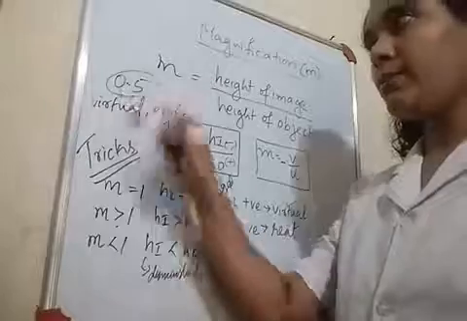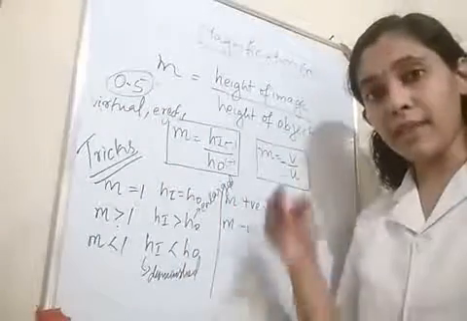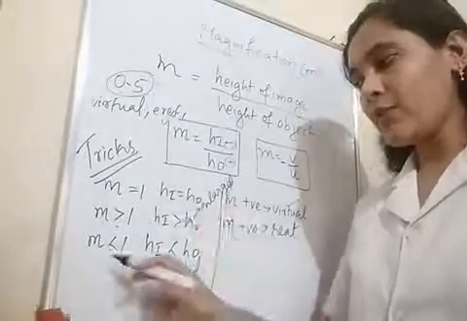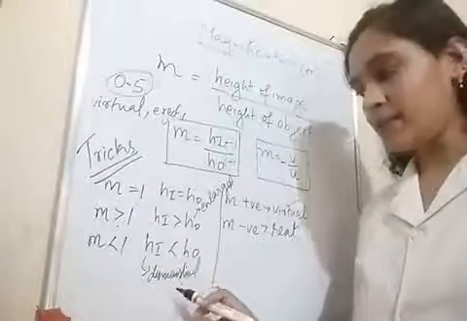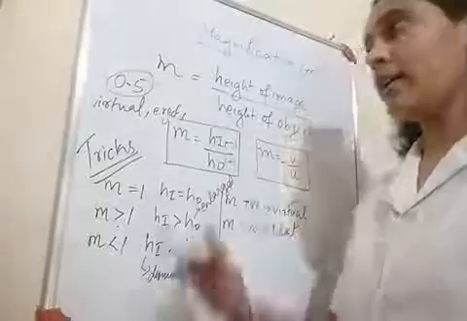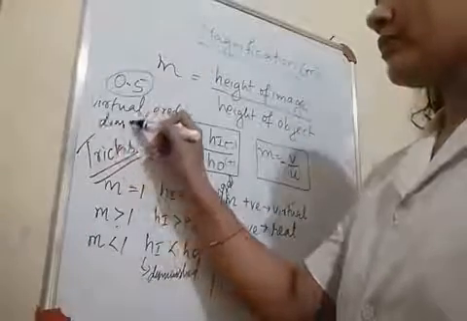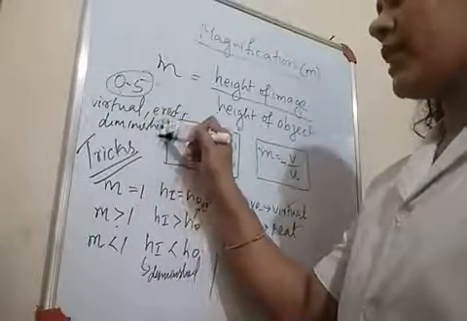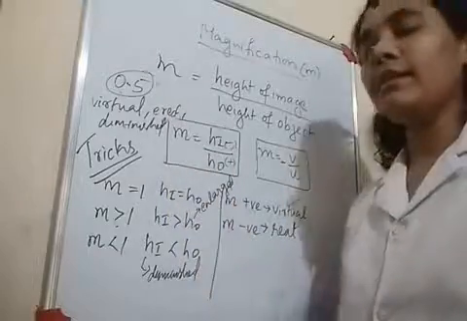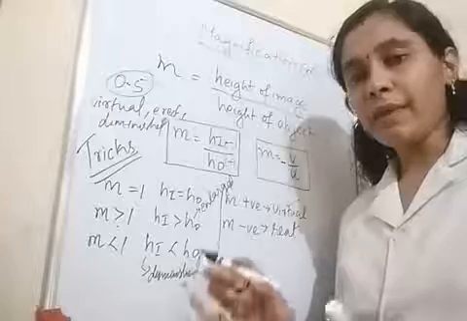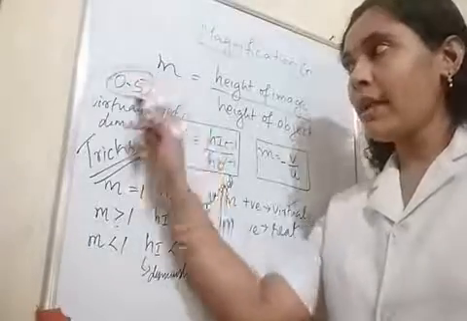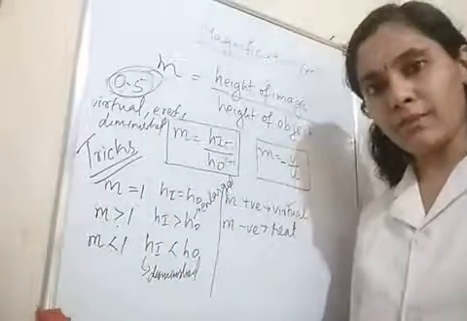It is 0.5, which is less than 1. If it is less than 1, then the height of image is less than that of object, that is, it is a diminished image. So what is the nature of image? It is virtual, erect and diminished. So all these ideas we get from the magnification value itself.